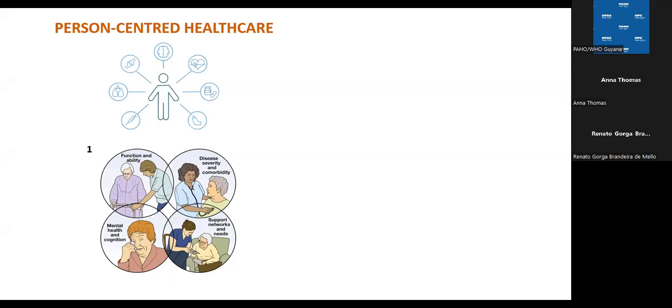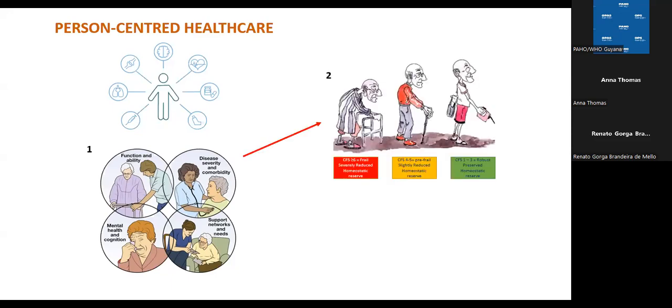And of course, we have to assess deeply the disease severity and look carefully for all the comorbidities that can interfere not only with one condition's treatment, but can negatively impose more complications for a second disease.